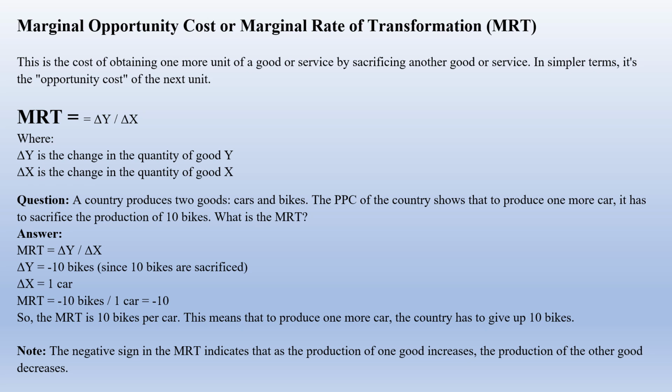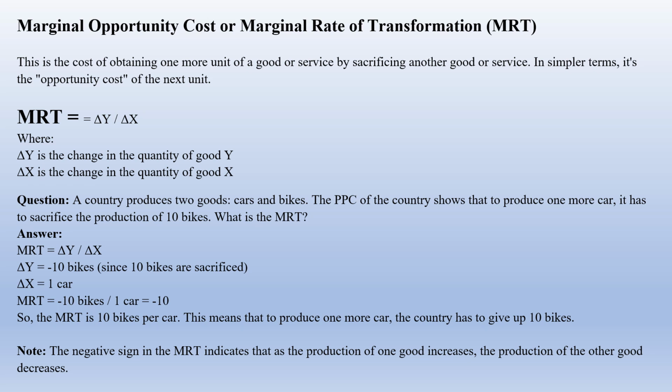With the help of a problem, it's easy to understand. A country produces two goods, cars and bikes. The PPC of the country shows that to produce one more car, it has to sacrifice the production of 10 bikes. What is the MRT? In this case, we sacrifice the production of bikes for producing cars.